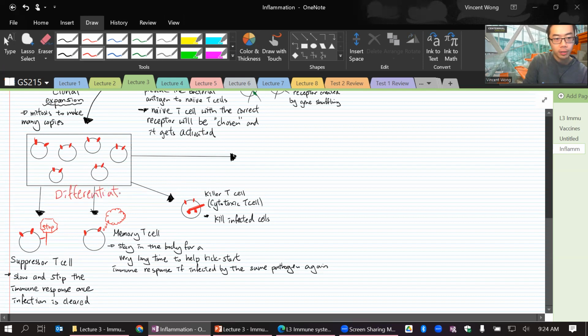Specialize. Differentiate into effector cells. So there are 4 paths. It could differentiate into suppressor T cell, memory T cell, killer T cell, and then there's this one last one that we're going to talk about in a bit.